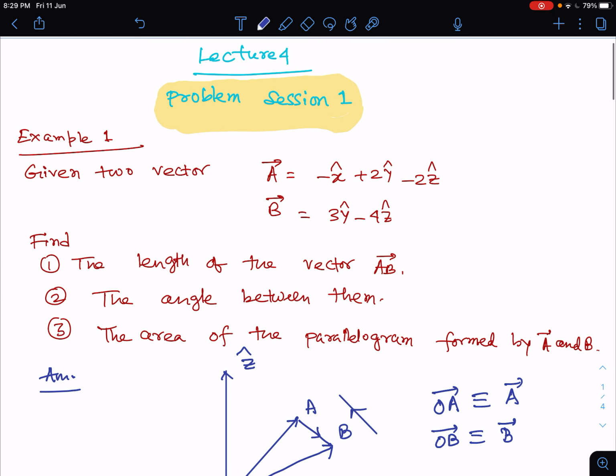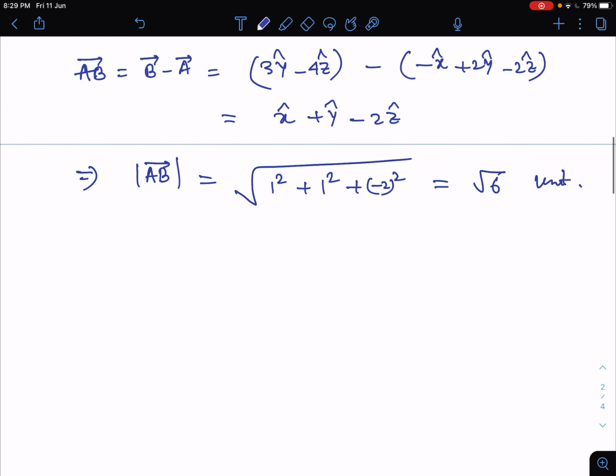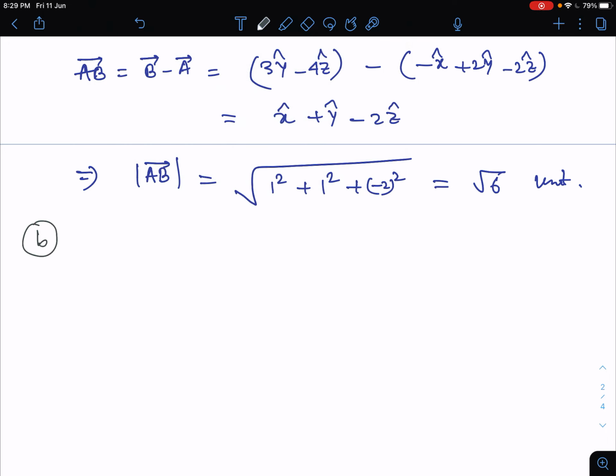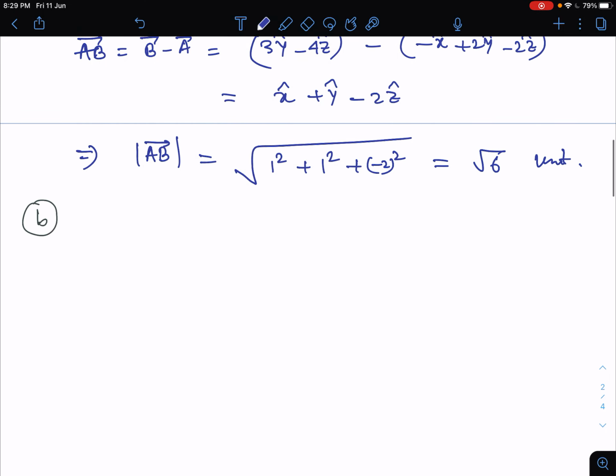Now the next question is the angle between the vectors. For getting the angle between the two vectors, you need to take the dot product of A and B, which is AB cos theta.